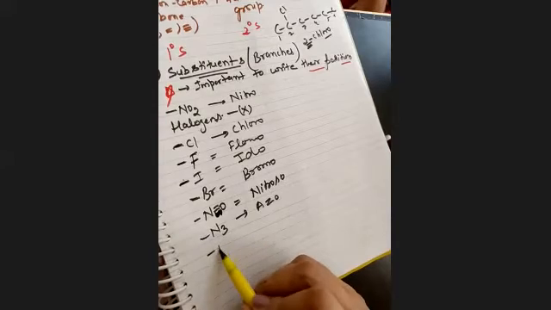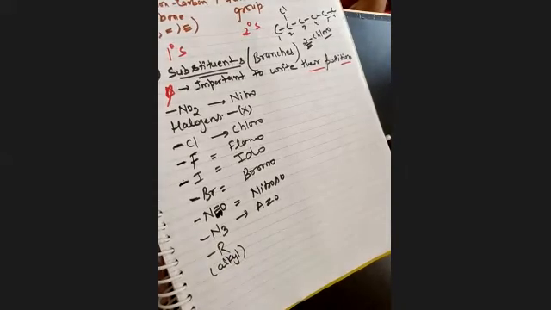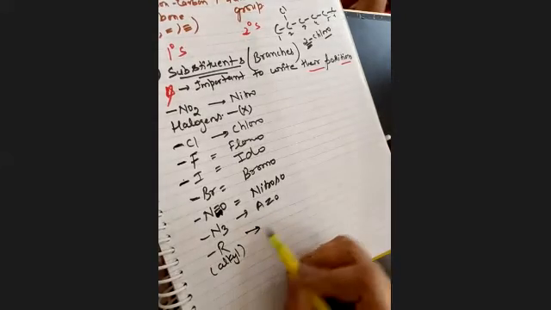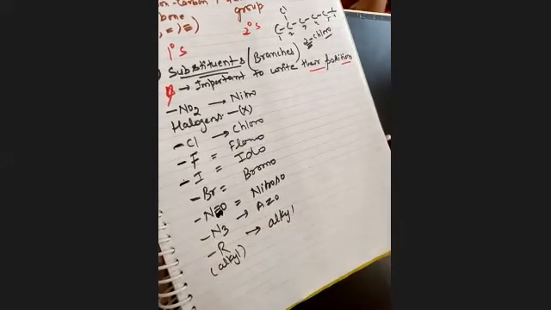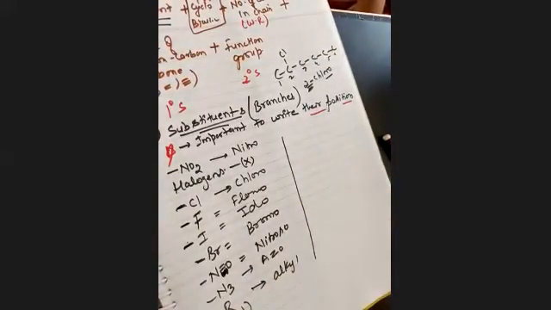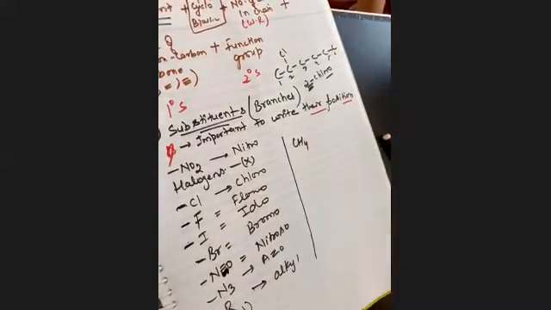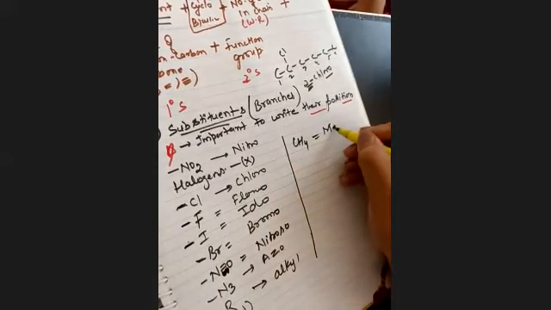Or for example, if you have R, it means any alkyl group. Alkyl means, for example, if I have CH4, this is methane.